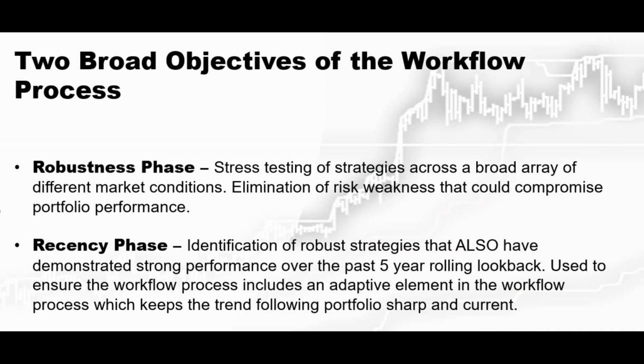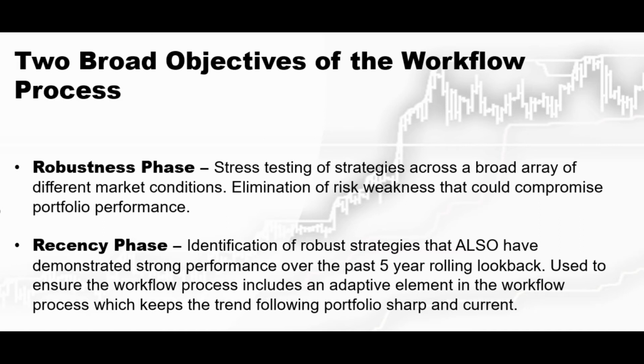Now, for the second objective of recency, having reduced the possible candidates for portfolio inclusion to only include the most robust performers using the first objective, we then can undertake tests designed to further reduce that selection of robust candidates to those that have also expressed recent outperformance.